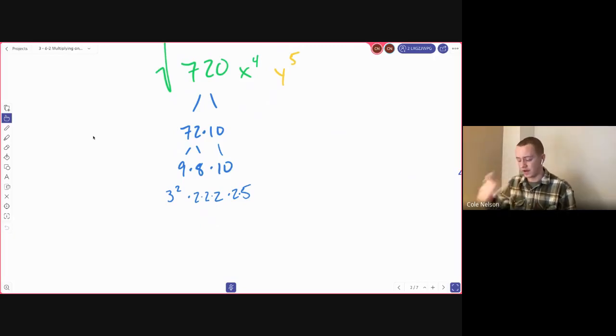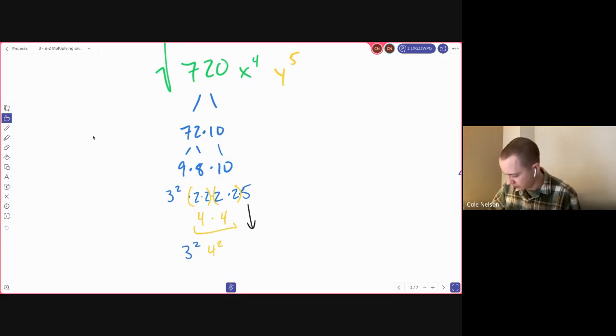Okay, so now let's see what we have here. If we check this out, we have a 2 squared and a 2 squared. So really this is a 4 times 4, which I can rewrite as a 4 squared. Okay, so now we have this 3 squared. We have a 4 squared, and a regular old 5.